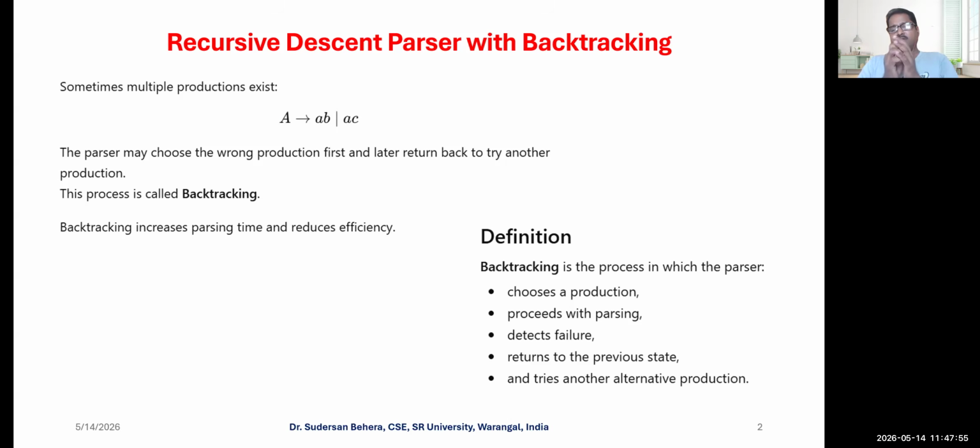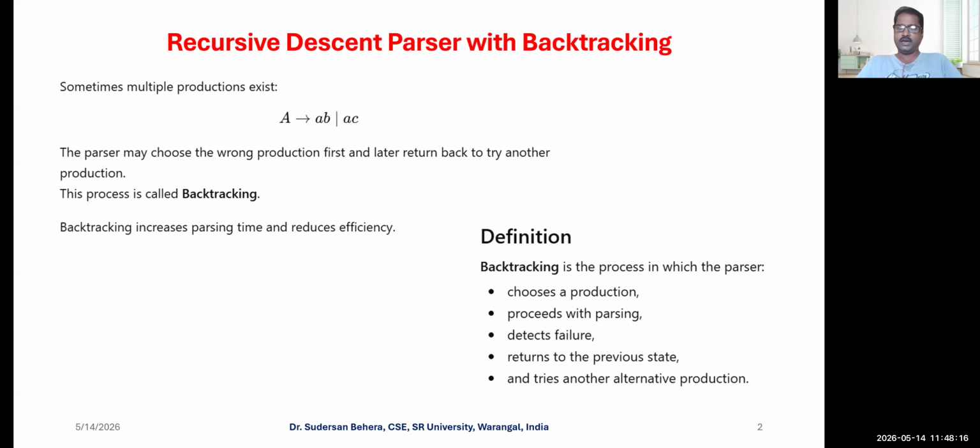Now come to the definition of backtracking. Backtracking is the process in which the parser chooses a production, proceeds with parsing, and detects the failure. That means when it identifies this is a wrong production, the parser has failed.